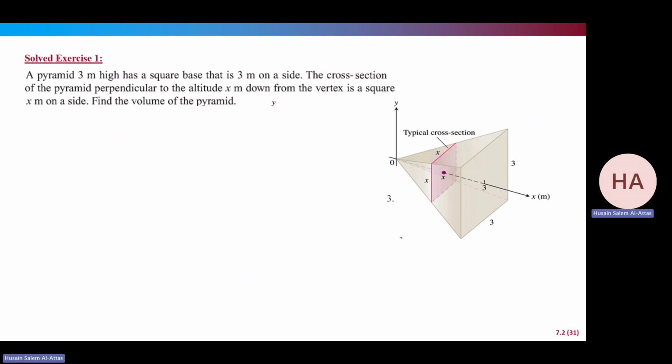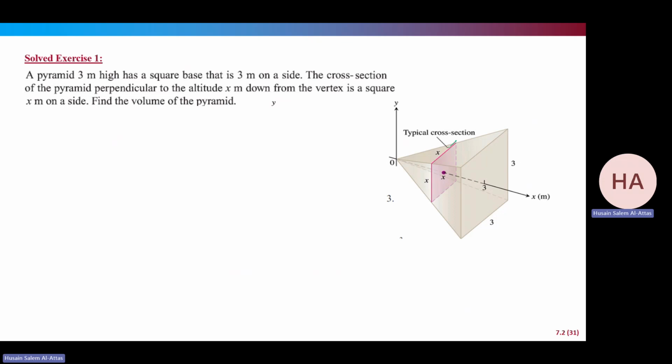Okay. Now we'll talk about a pyramid. Pyramid, 3 meters high. Okay, this is 3. It has a square base, 3 meters on a side.